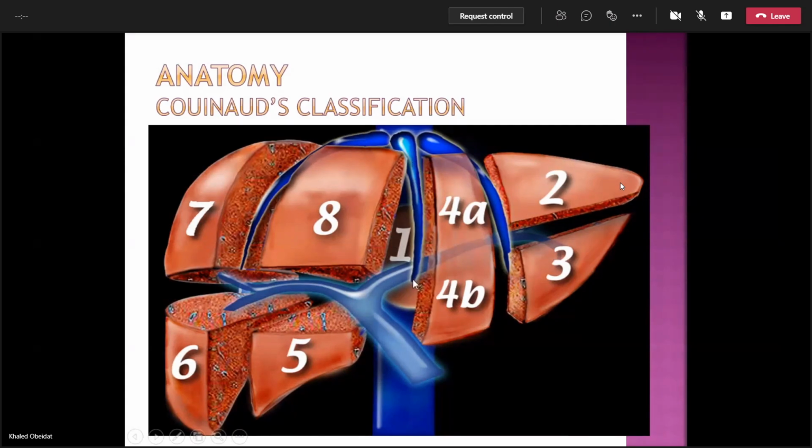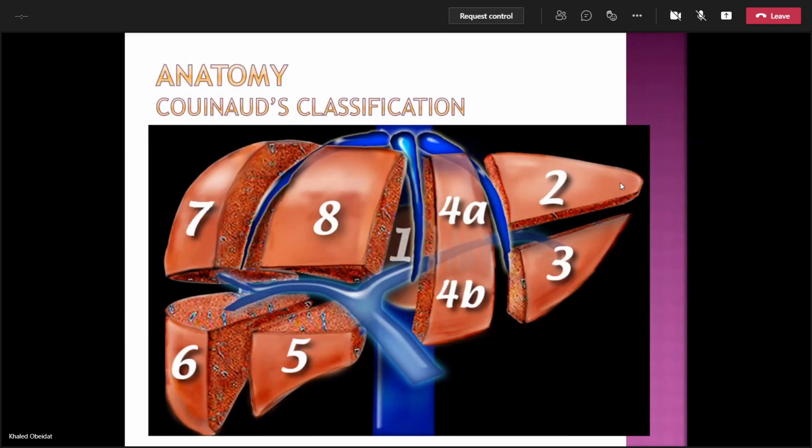So the middle hepatic vein, its course is usually the line that divides the liver into right and left. When we want to know the surface landmark, we call it Cantlie's line for the right and left.